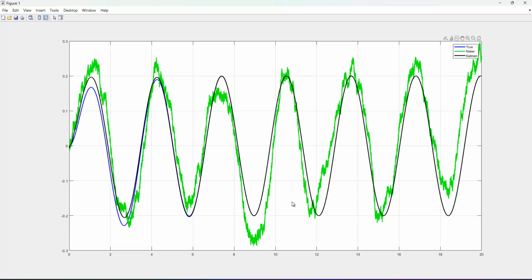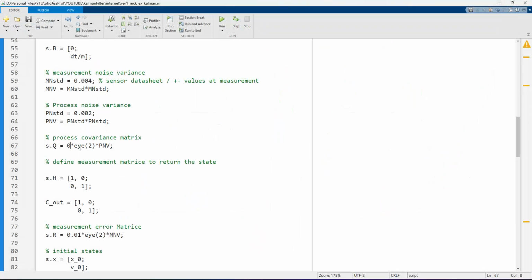This is wrong, okay? Because the R measurement is given in here, and then we have some deflection in here. And so the process noise Q matrix must be greater than 0 for better results, okay?